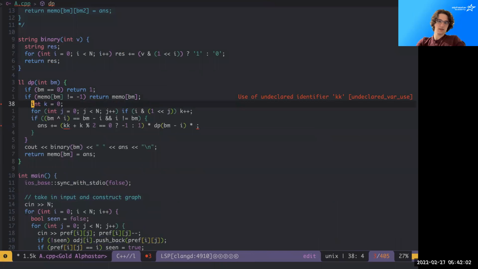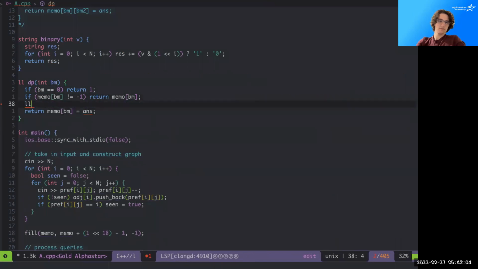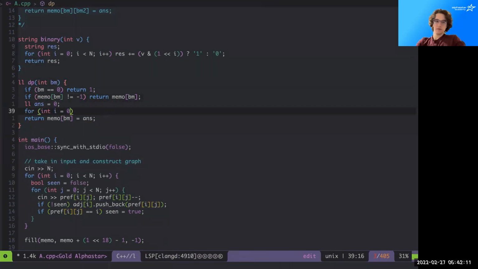Let's just go delete what we had. Maybe the idea is we remove one bit that's on in BM.